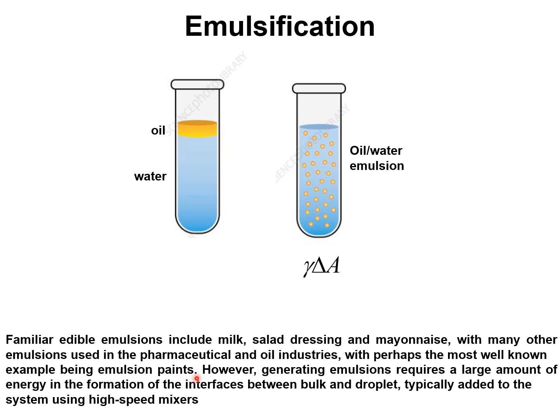Generating emulsions requires a large amount of energy because of the high interfacial area between the bulk phase and the suspended droplets. The energy inputs are typically high-speed mixers.